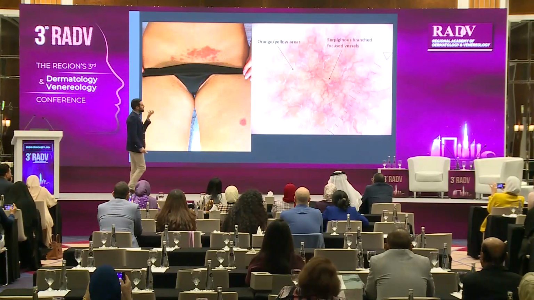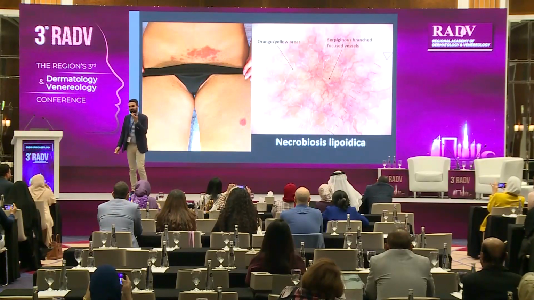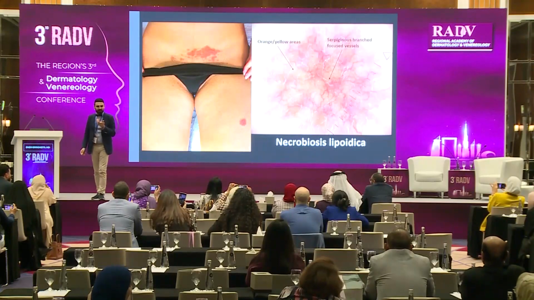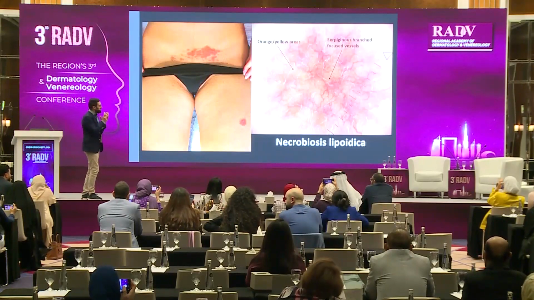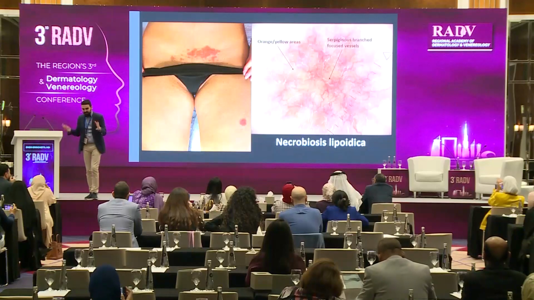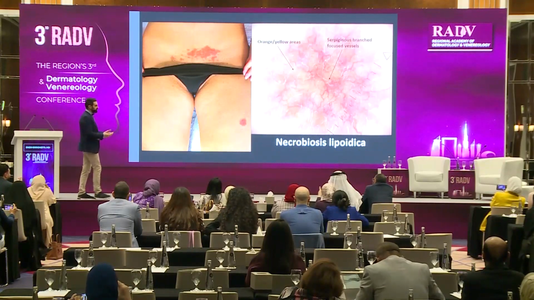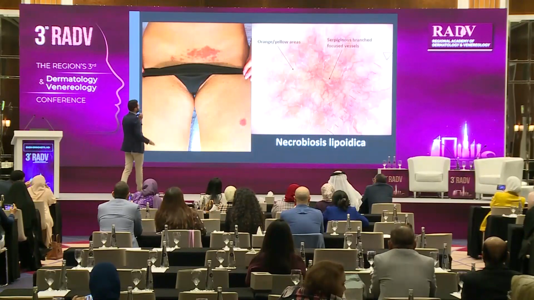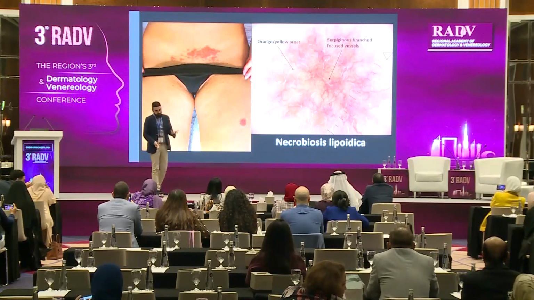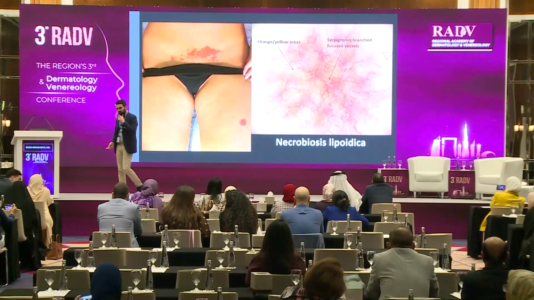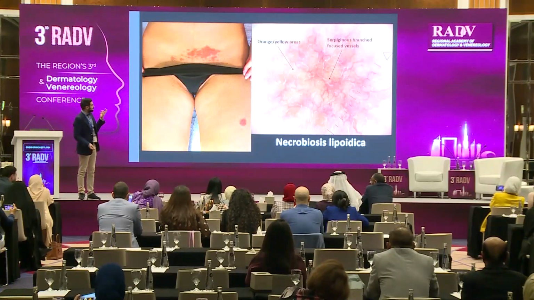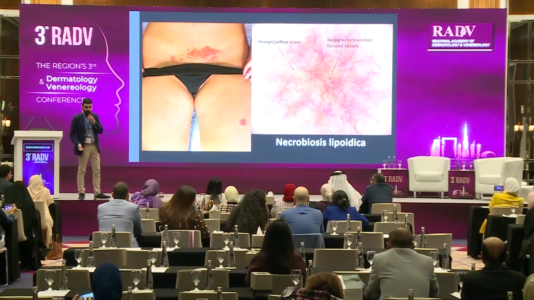Yeah, it's necrobiosis lipoidica, okay? Because there are many cases that may present with an atypical clinical pattern, so we have to combine the clinical data with dermoscopy. This was a young lady suffering from type 1 diabetes, okay?